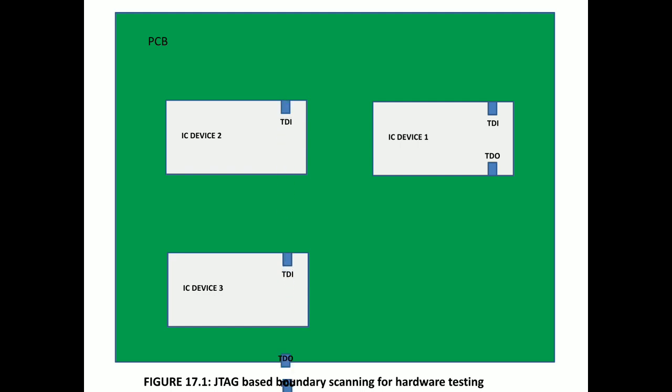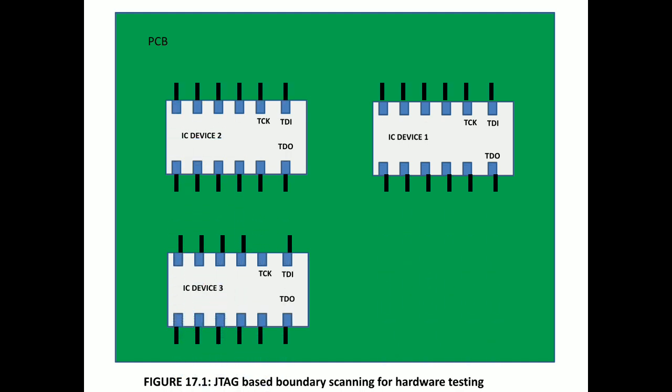We'll have a clock signal, and we'll have different pins. These are the ICs. We took a PCB and we got IC components, and in those IC components we placed boundary scan cells. We also mention TDI, TDO, and TCK clock, and we will have a test access port now.